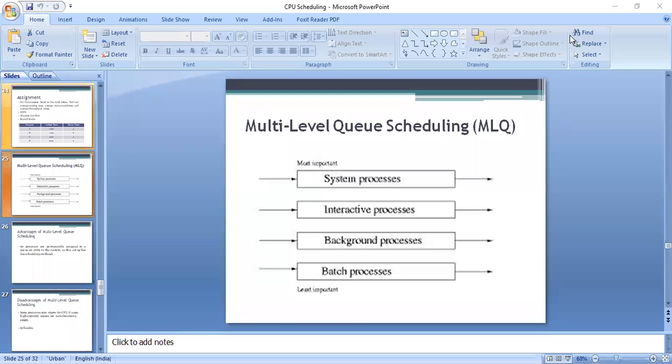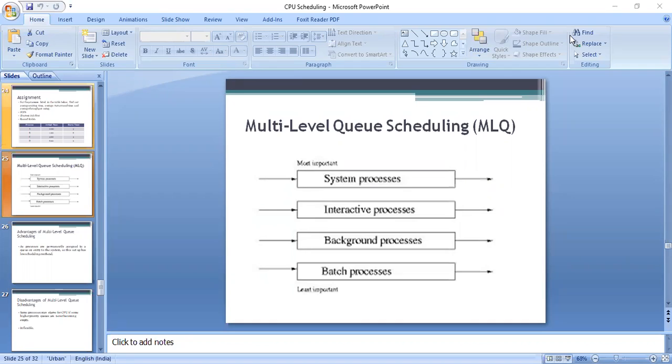The next scheduling algorithm we have is multi-level queue scheduling. So in this algorithm, when processes can be categorized, then multiple separate queues can be established, right?